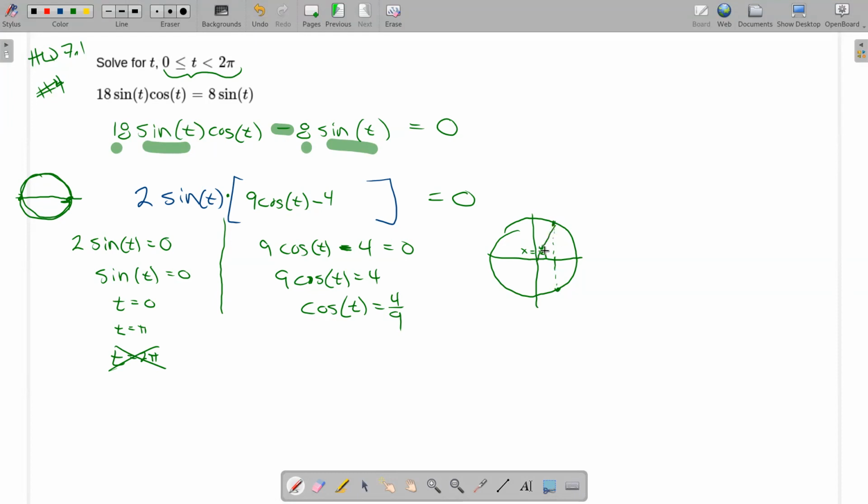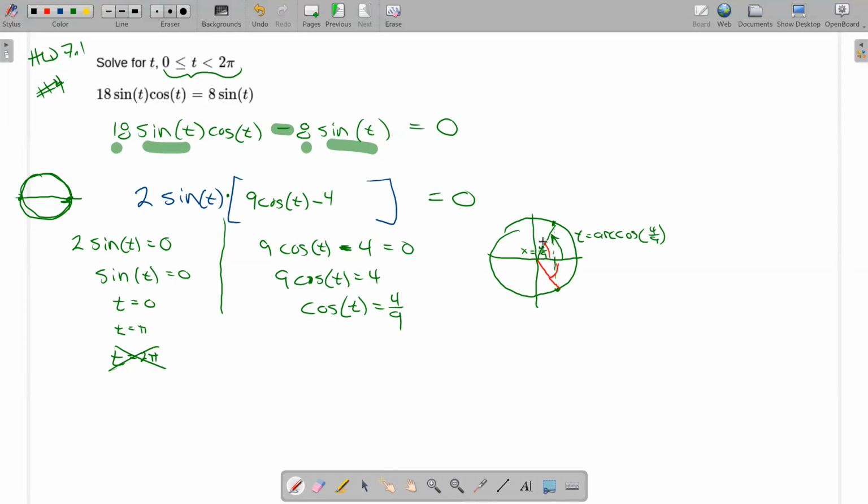And the arc cosine is familiar with the whole upper part of the circle. So it's going to give me that one right there. So this one right here would be t equals arc cosine of 4/9. And the other one is thinking about that as a reference angle there, that cosine of 4/9. This right here, that reference angle is also 4/9.